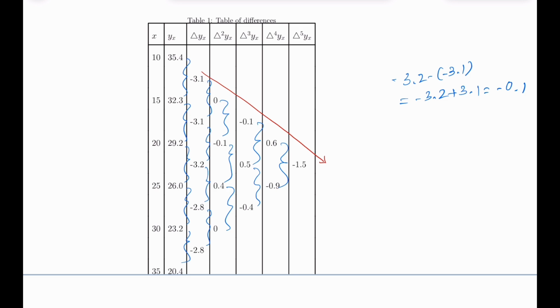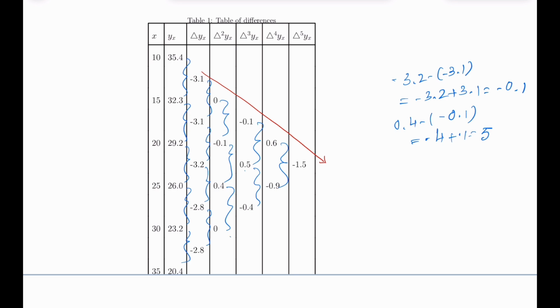Similarly, the difference of this, 0.4 minus 0.1. So this is 0.4 minus 0.1, so this is 0.4 plus 0.1. This is 0.5. This we have written here. Then the difference of these two is 0 minus 0.4.